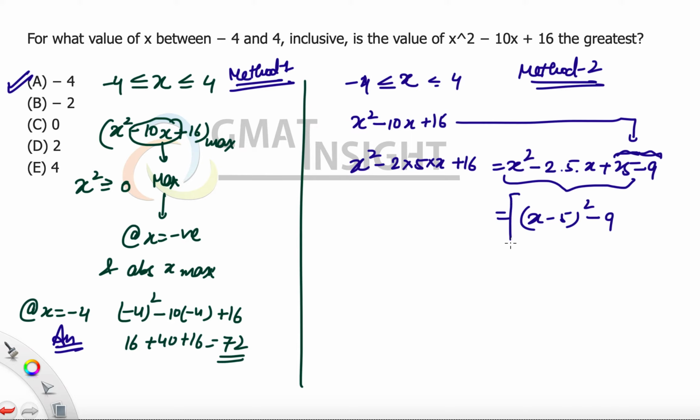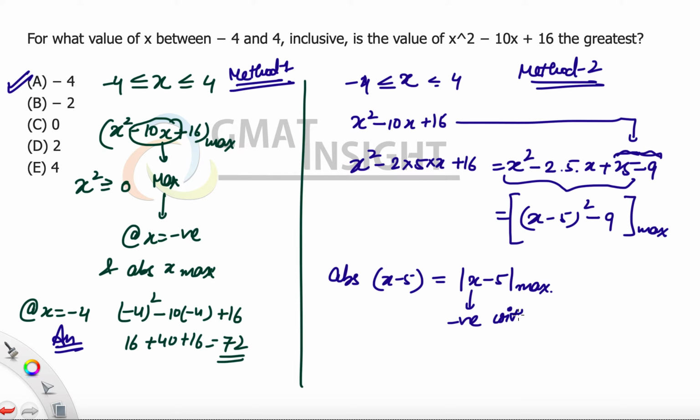Now since we have to maximize the value of this expression, the absolute value of x minus 5, which means mod of x minus 5, should be maximized, and that will be possible only when x is a negative value with maximum absolute value. So here once again we see that in the given range the maximum absolute value of x on the negative side can be -4.